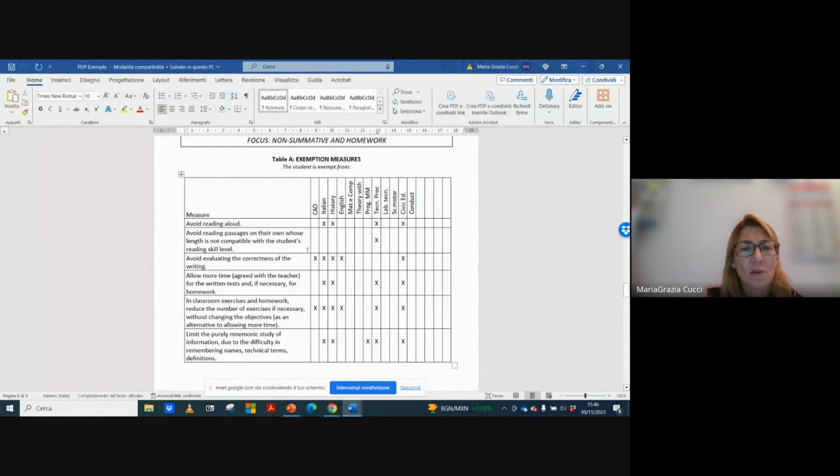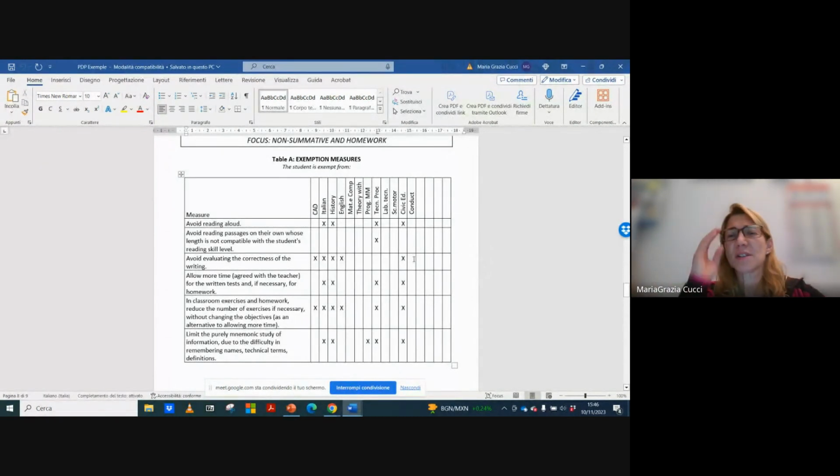Avoid evaluating the correctness of the writing. As you see, you do not have only Italian as a mother tongue, but you also have computer design, history, and English, and also civic education.